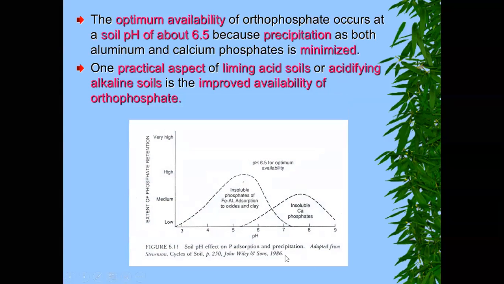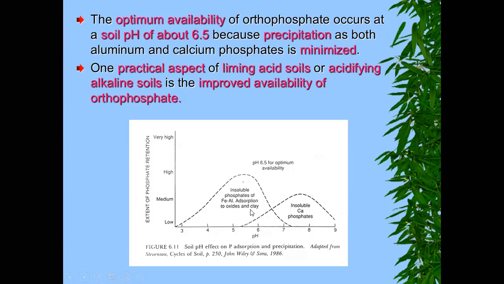So this can explain the extent of phosphate retention, कितनी phosphorus retain होती है which is no more available. So you can see these are the insoluble phosphates of iron and aluminum or adsorption to oxides and clay, and these are the insoluble calcium phosphates.